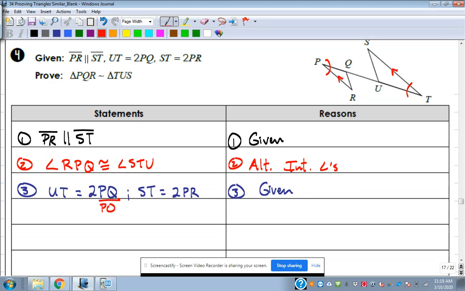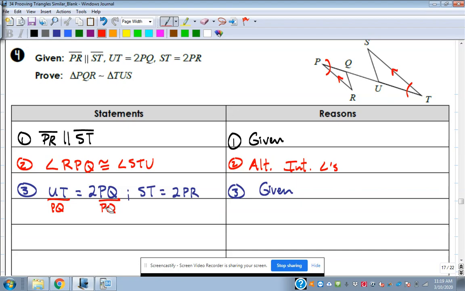If I divided by PQ, is that the same ratio as what Haley was saying? It's just the other way around. She had it flipped over. But it's the same ratio. It doesn't really matter which direction the ratio is set up. And it would equal what? UT over PQ is equal to 2 because these PQs are going to cancel out if we do that math. What did I do to get that to happen?